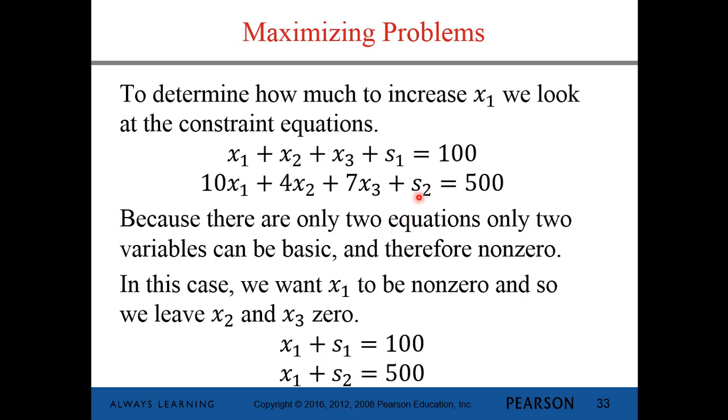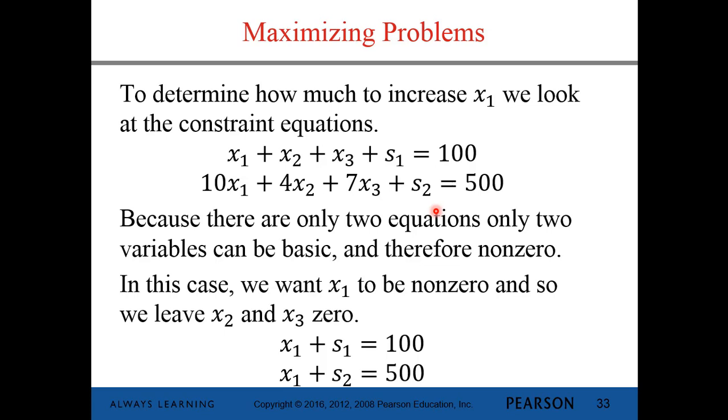If we're going to increase this one, then we want x1 to be a non-zero variable. Before, x1 and x2 were the non-zero variables, the basic variables. So now one of those two variables needs to become non-basic. So how do we decide which one is going to be non-basic?